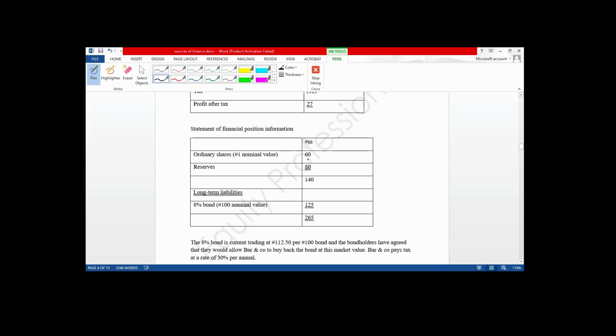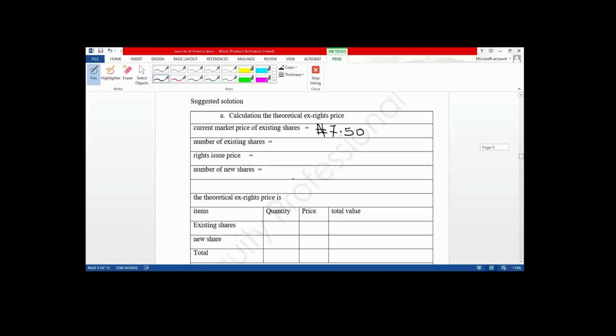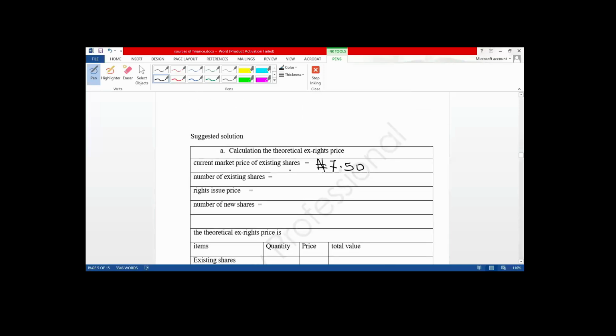To get the number of shares, total nominal value 60 million divided by nominal value per share of 1 naira. That is, we have 60 million shares in existence.